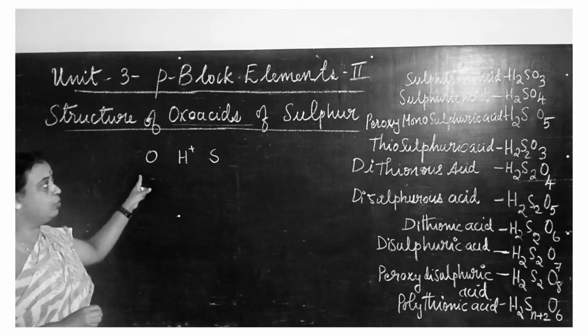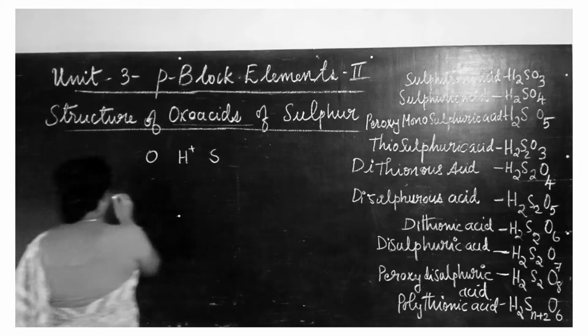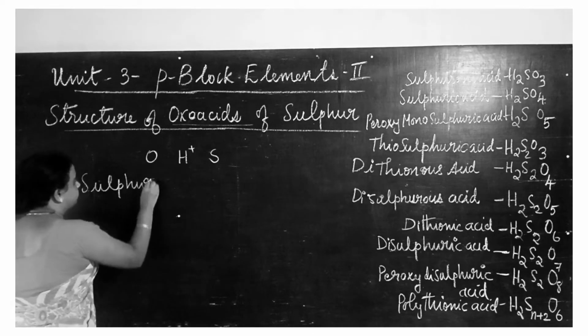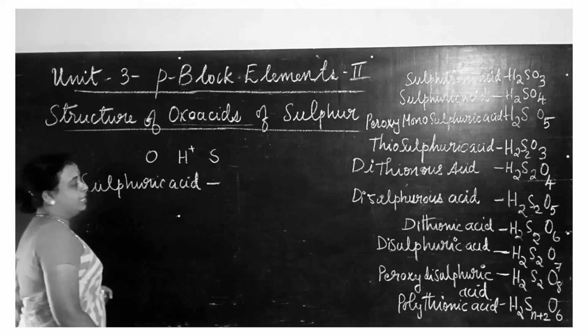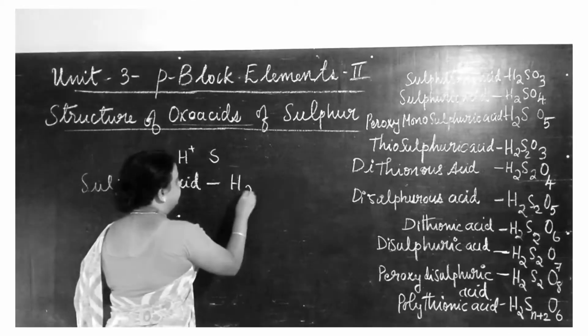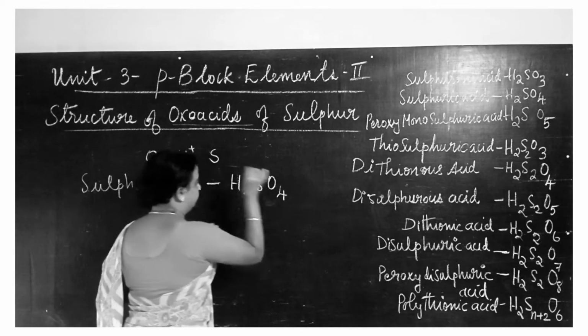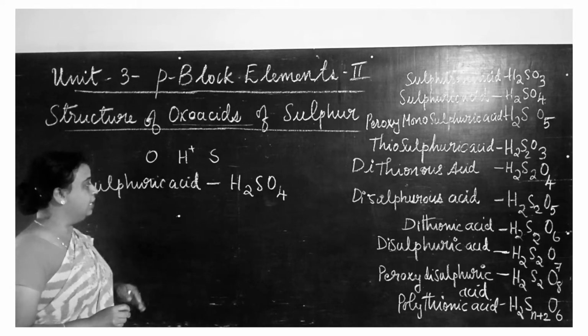In these oxoacids of sulfur, the most important one is sulfuric acid. What is the formula for sulfuric acid? H2SO4.